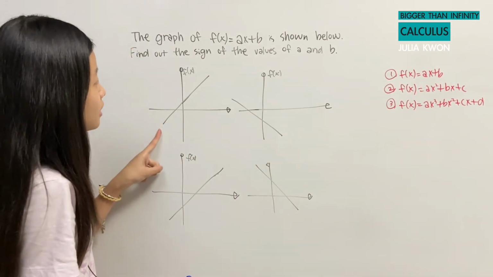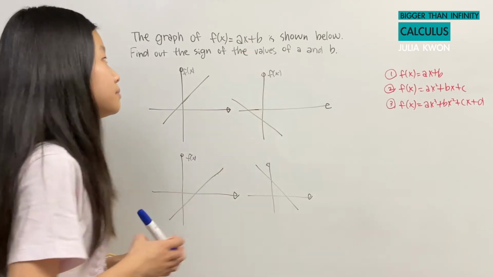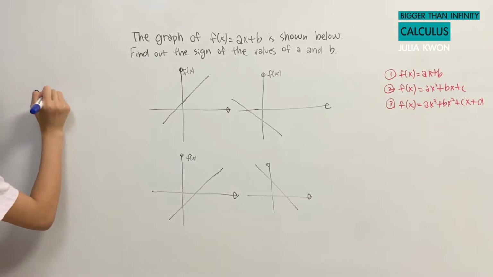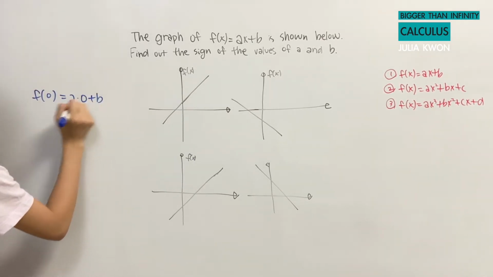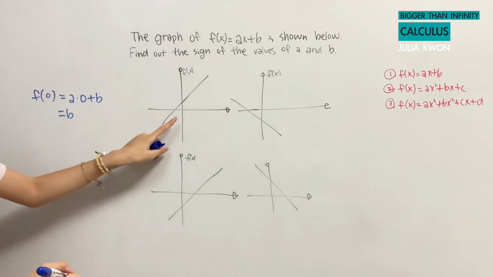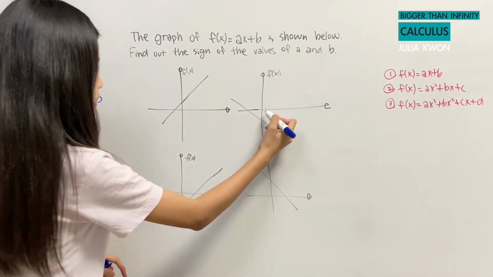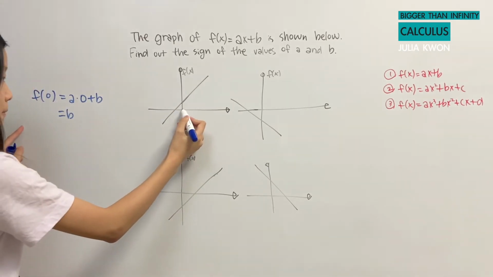So here, first, how you can solve for b is we put x equal to 0. So when x is equal to 0, that would be a multiplied by 0 plus b, which is just b, right? So when x is equal to 0, which would be here, I'll start off with this graph, it is b.